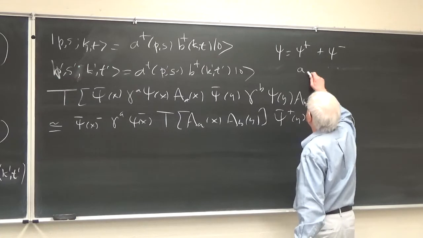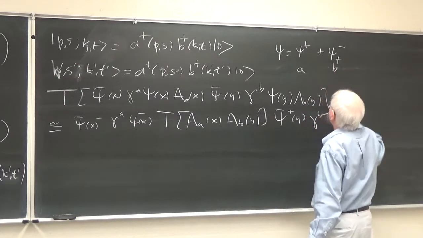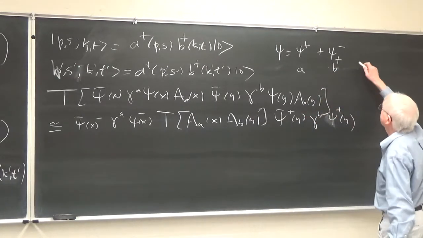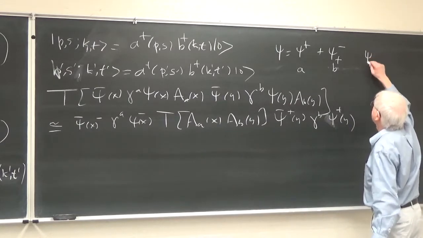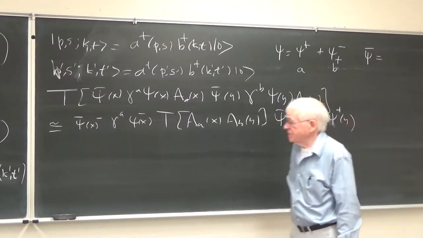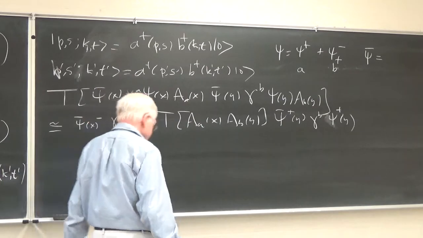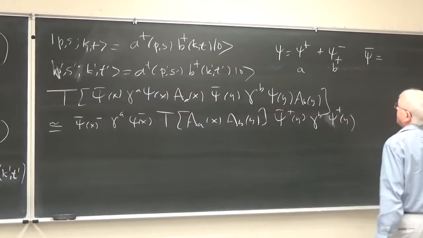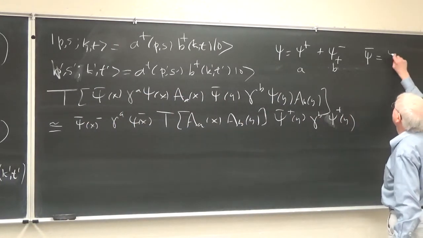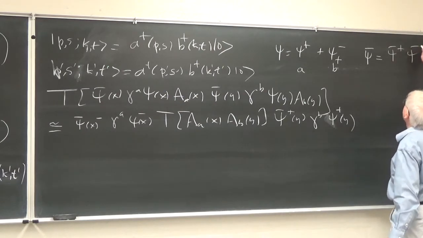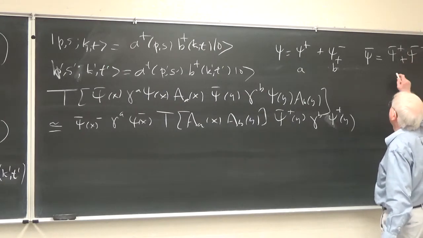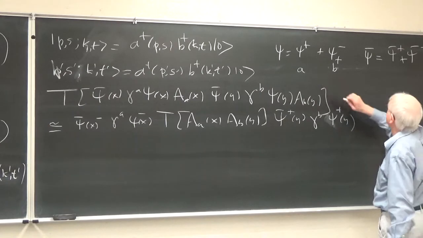So let's remember that psi looks like this: psi plus plus psi minus. Psi plus has annihilation operators for electrons and creation operators for the positrons. Psi bar, by the way, remember that psi bar is psi dagger beta, which is the same thing as psi dagger i gamma 0. So that's the notation. And this one will have psi bar plus and psi bar minus. And this is just the adjoint of that, basically.